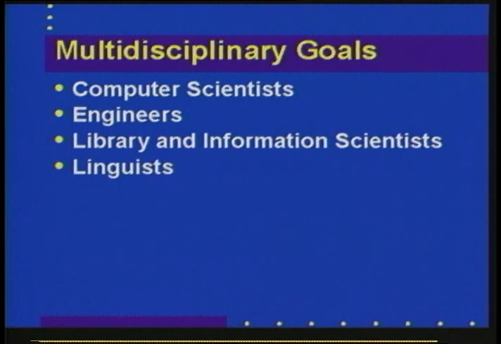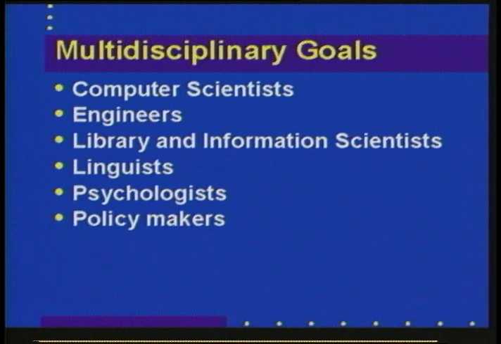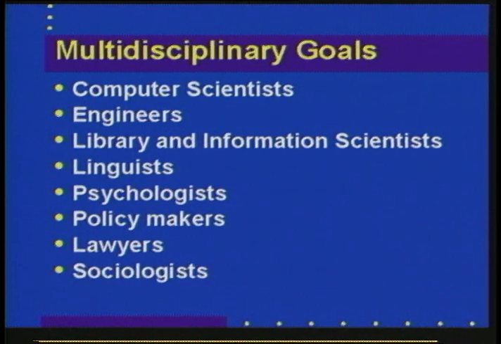Linguists, that's my background. Psychologists, understanding user behavior. Policymakers, how can we send information around? Barbara Simon's comment was very timely. Lawyers, what about intellectual property? Look at all these different fields. To make the digital library work, we need to open up to work together.